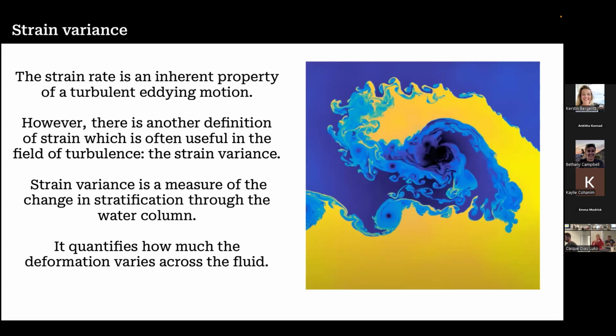So if we were, for example, to take a vertical profile through this, the strain variance will look like something like you have very constant stratification, and then suddenly you have a bunch of wiggles, and then it's constant again, and you have more wiggles here. And so with this measure, we can get a sense of how much turbulence happened in that place.